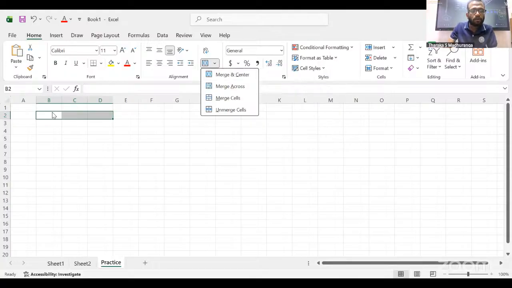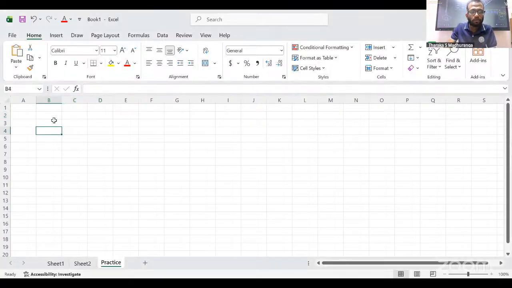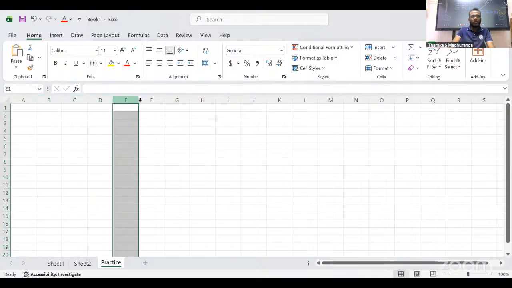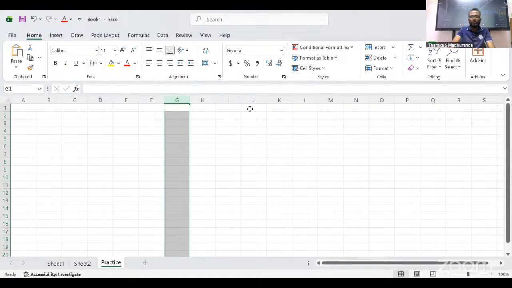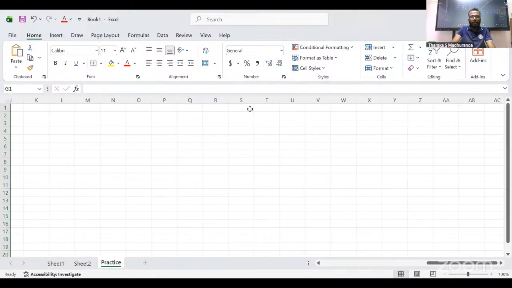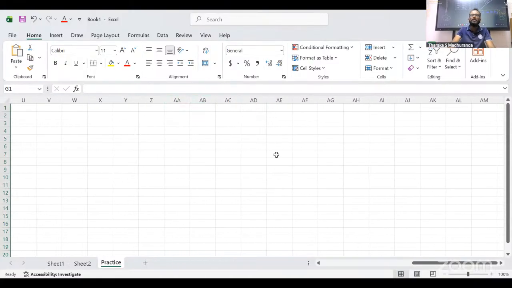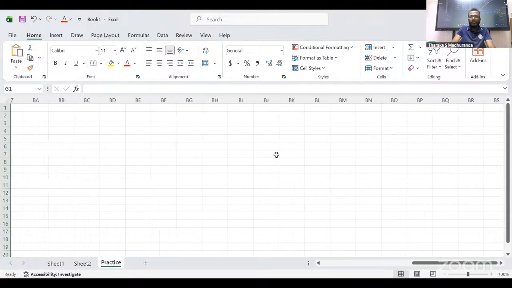If you want to merge only one row... Okay, these are the columns: A, B, C, D, E, F. After completing 26 columns up to Z, it starts again with AA and continues.